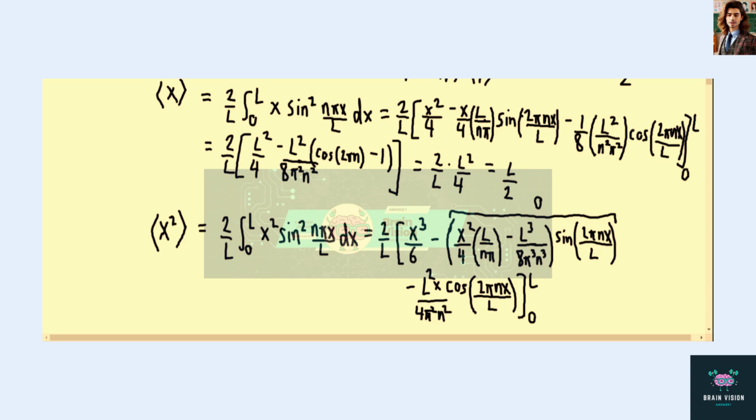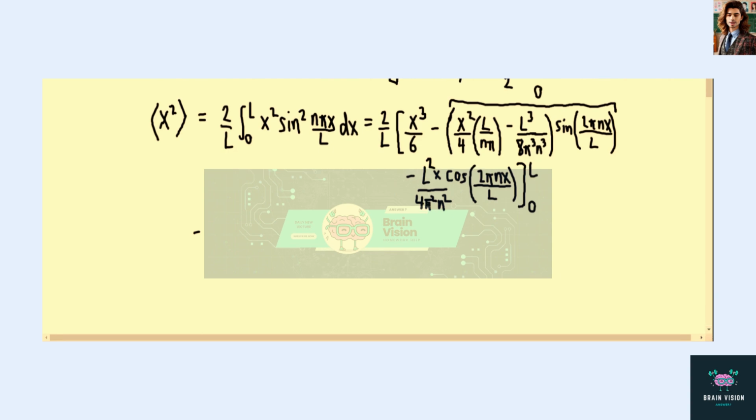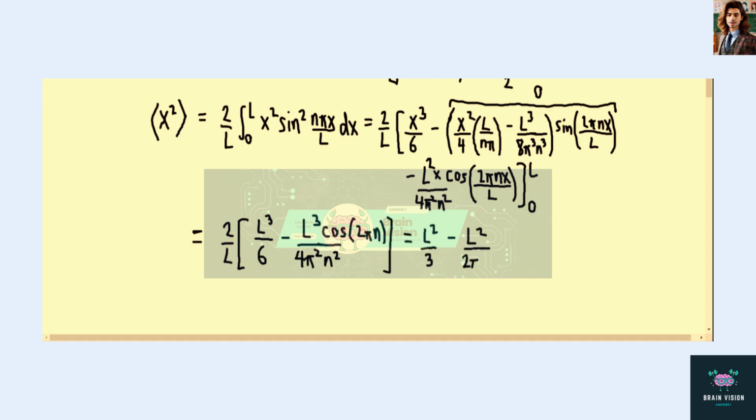And again, all of that is evaluated at 0 and L, but this greatly simplifies, and we have the following that comes about. And this is the final result we get.